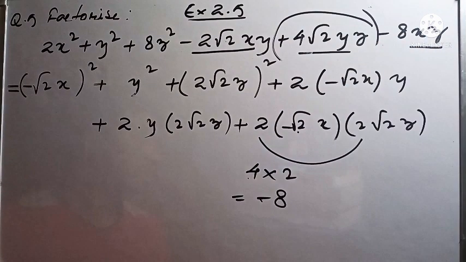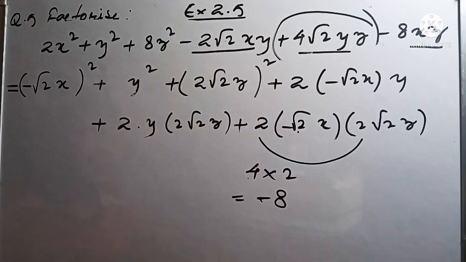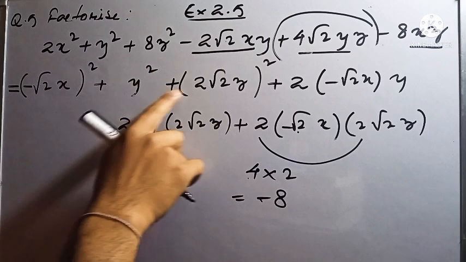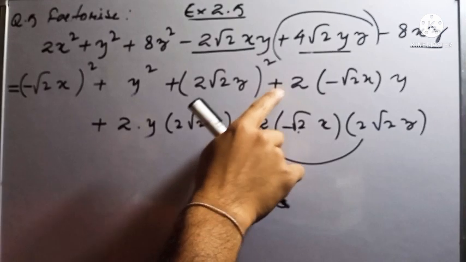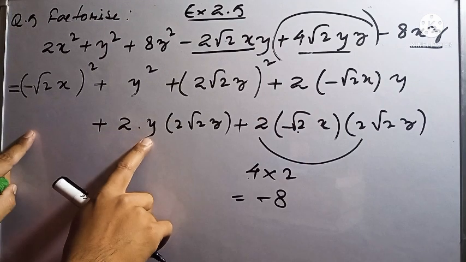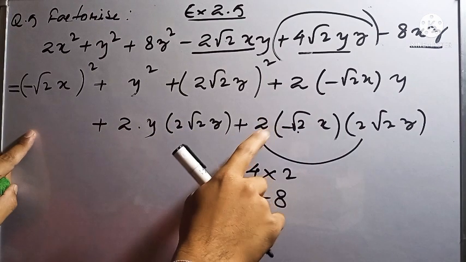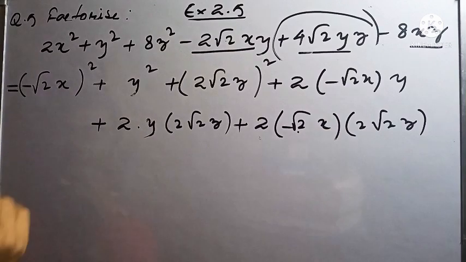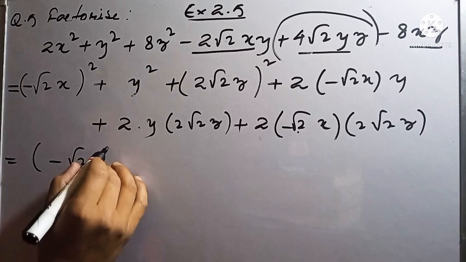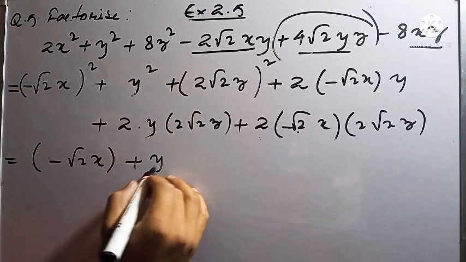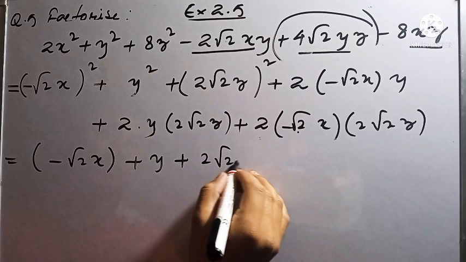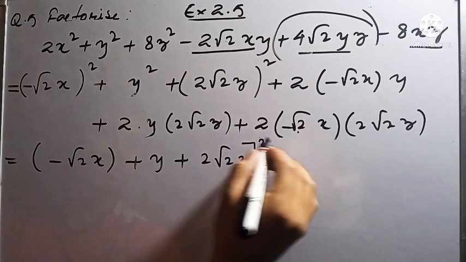So x, z. Okay. Now, this is in the form of a square plus b square plus c square plus twice ab plus twice bc plus twice ca. We can write here minus root over 2 x plus y plus 2 root over 2 z whole square.